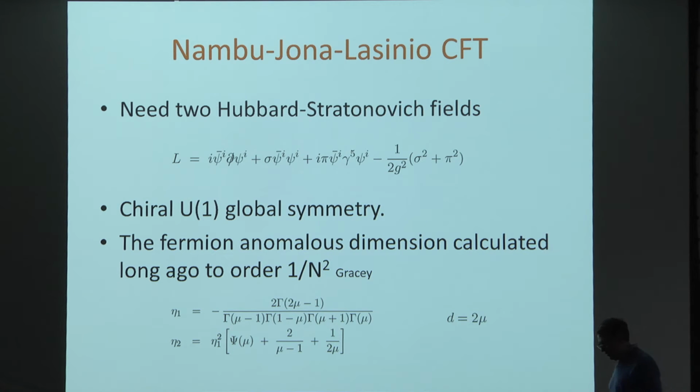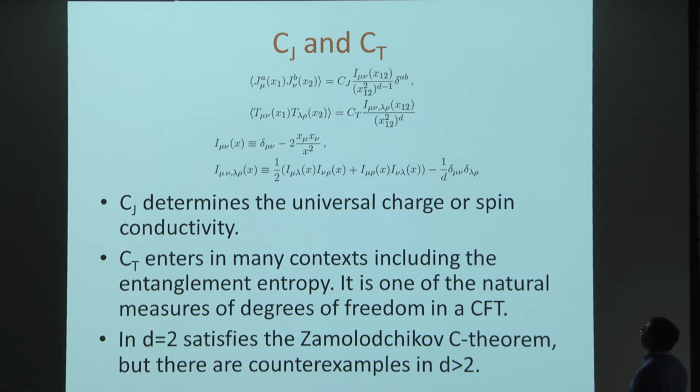So if Nambu and Jona-Lasinio decided not to look directly in 4 dimensions, but if they ventured into 4 minus epsilon dimensions, they would just find the CFT. So that's kind of fun. So CFT is a pretty generic behavior of these models, not just for large n, but even for other small n.